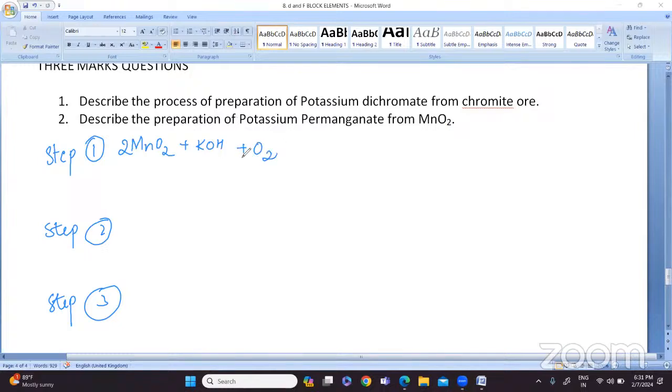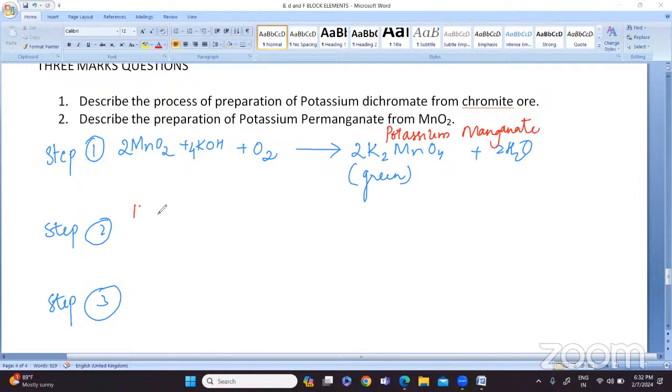And what we get is 2 K2MnO4 plus 2 H2O. This is green in color. This is potassium manganate, K2MnO4.